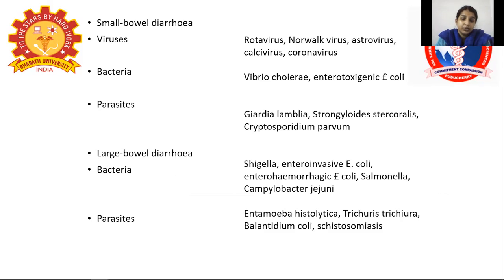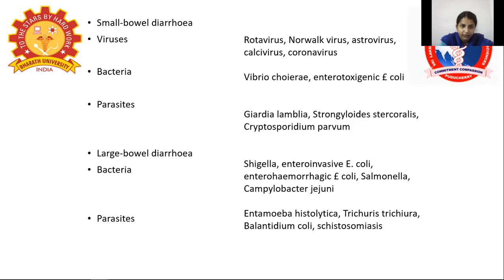So to find the main causes between small bowel diarrhea and large bowel diarrhea: the common viruses that cause small bowel diarrhea are rotavirus, Norwalk virus, astrovirus, calicivirus, and the common bacteria are Vibrio cholerae, ETEC. Parasites are Giardia lamblia, Strongyloides species, or Cryptosporidium.